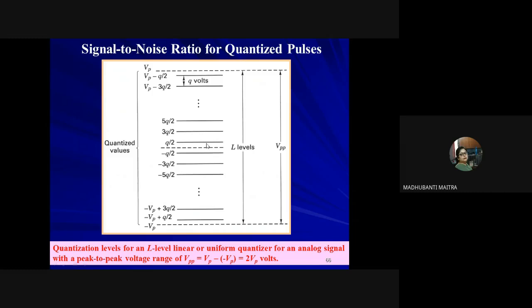And for uniform quantizer, this difference is known as quantile interval, and for uniform quantizer, this quantile interval should remain constant. As you can see here, the quantile interval is equal to q volt, here the quantile interval is equal to q volt, and so on and so forth.